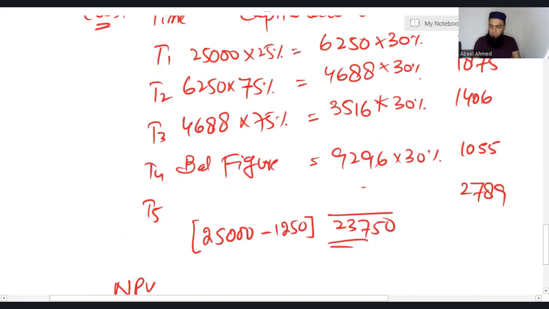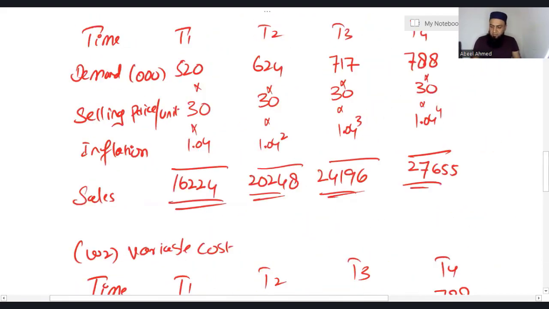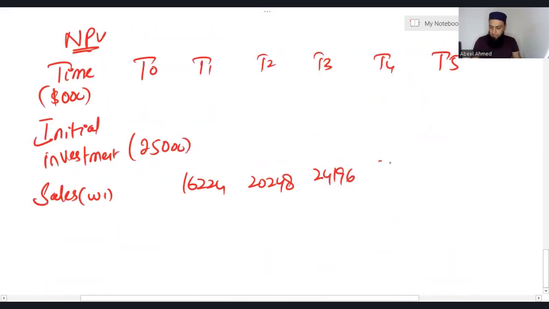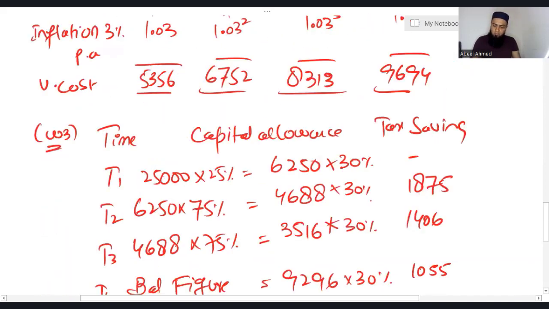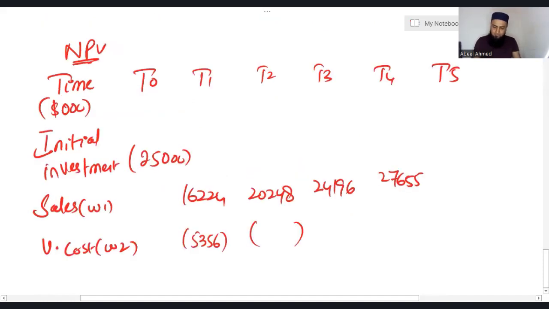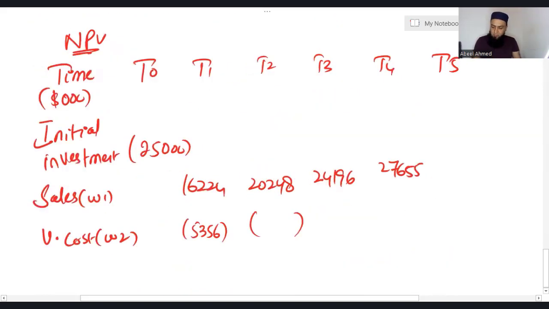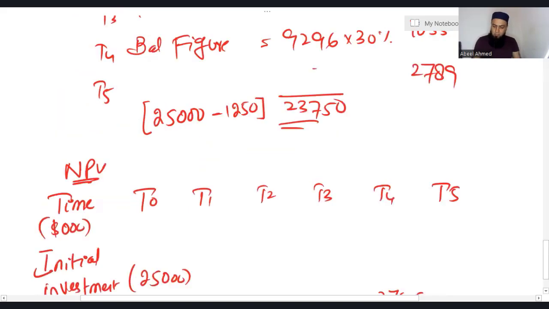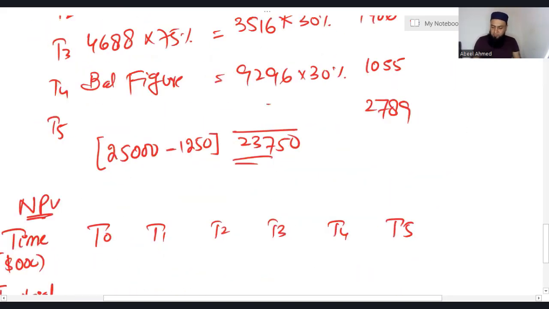T4, 27,655. Variable cost is working 2: 5,356, 6,752, 8,313.